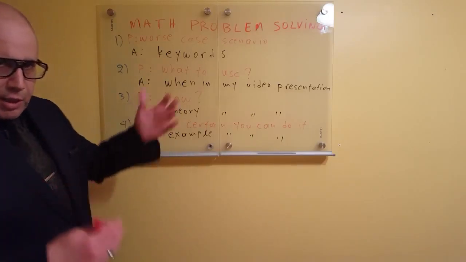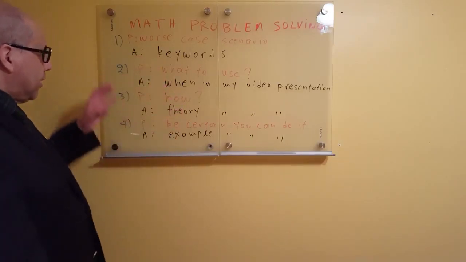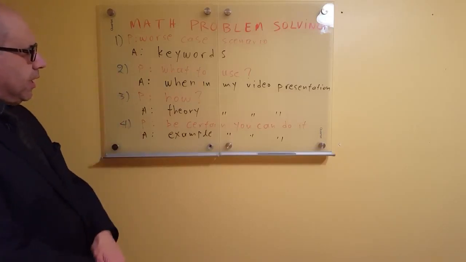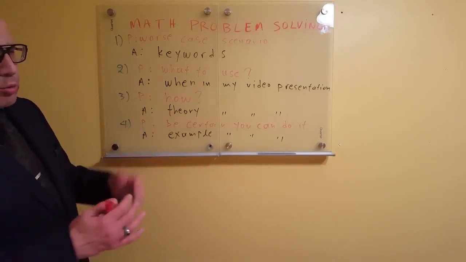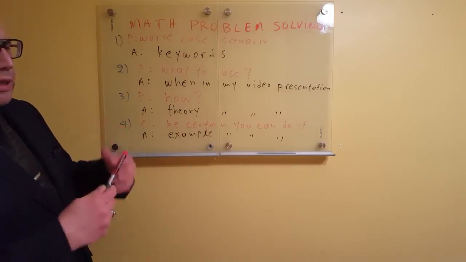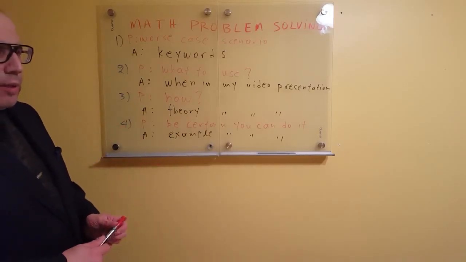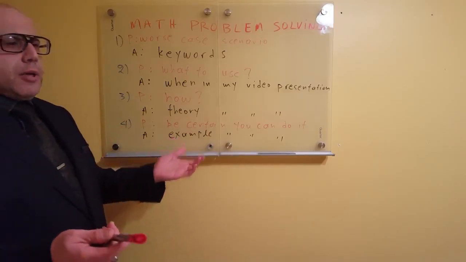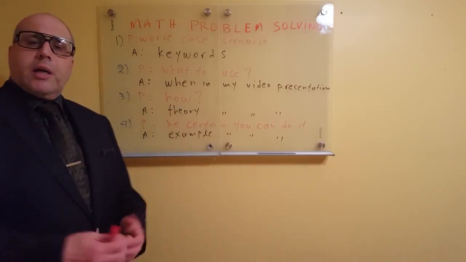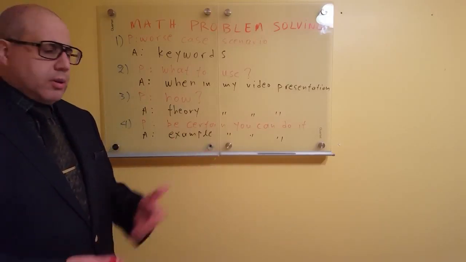So once you have an idea of where you are going, I think the next step is what to use. And what do I mean by that? Let's say, for example, that you have to find a derivative of some function.